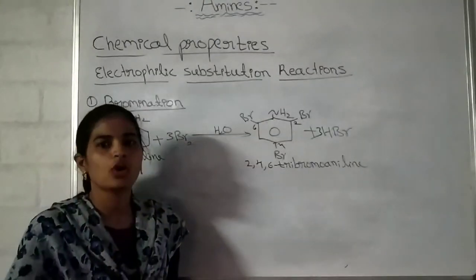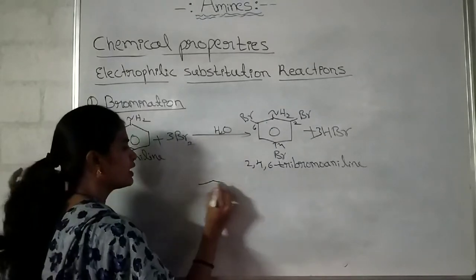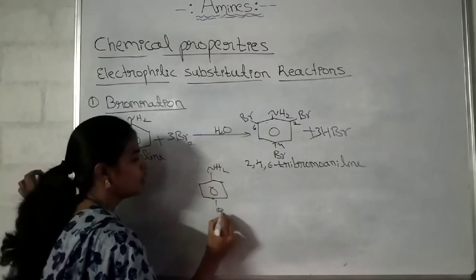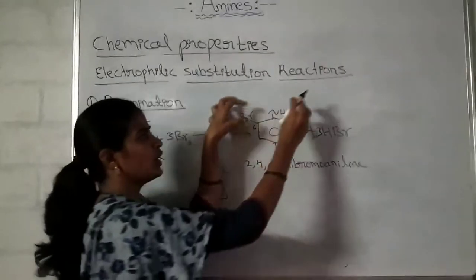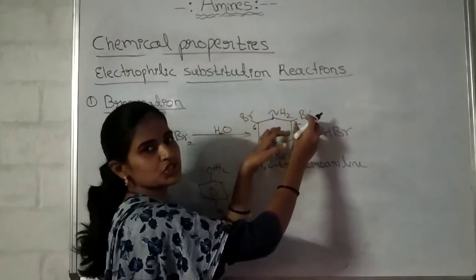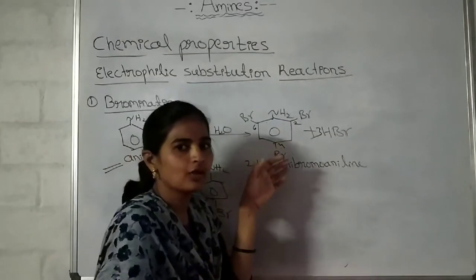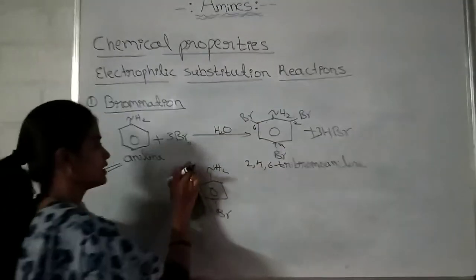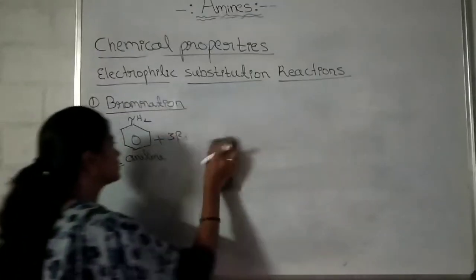But what I want now is only the mono substituted product. I want only para-bromo aniline. I want to block the ortho position so that substitution will not take place there. For that, what should we do?